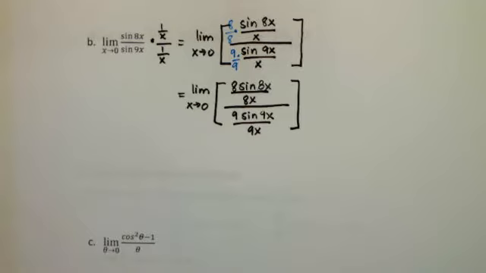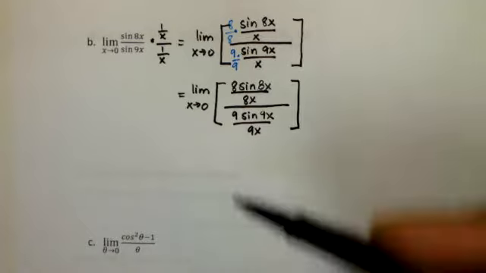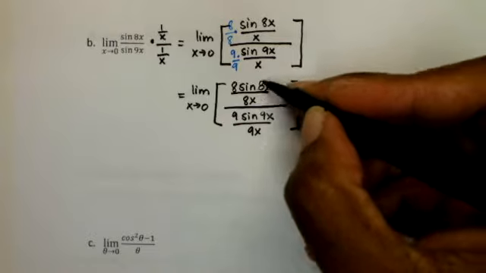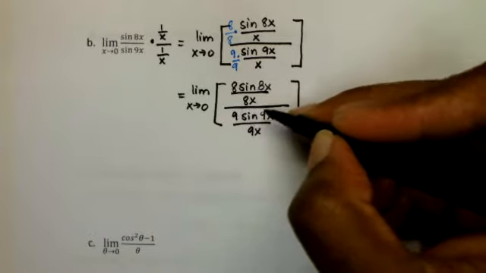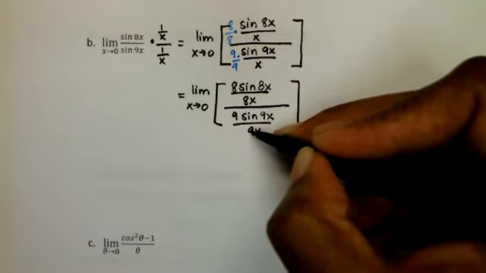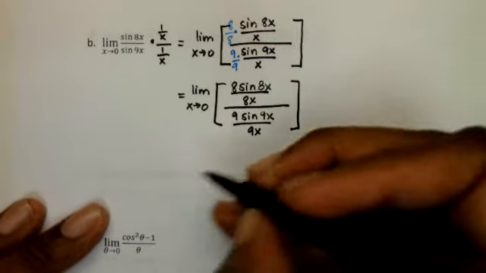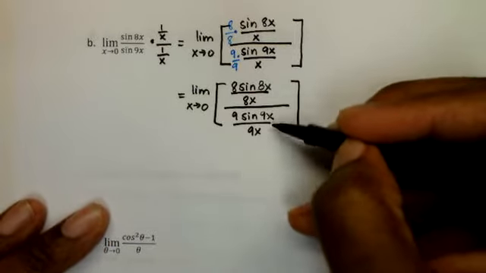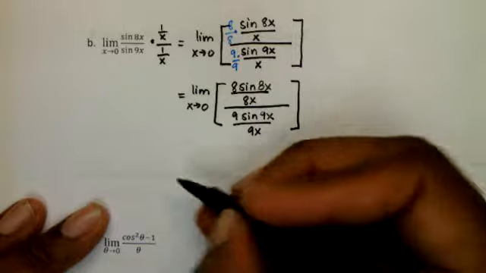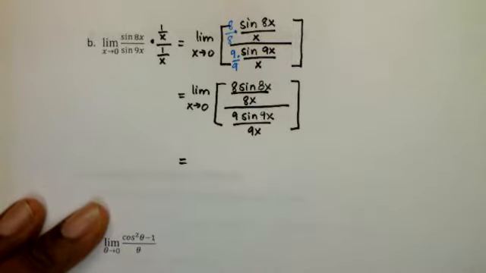Okay. Sometimes in this case, I had to manipulate this in a way so that this is the same as this, and also this being the same as that. Okay, now, the limit of a quotient, that means I can simplify that by doing the quotient of the individual limits.